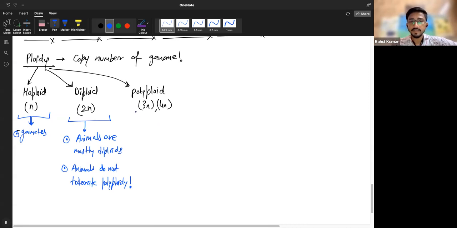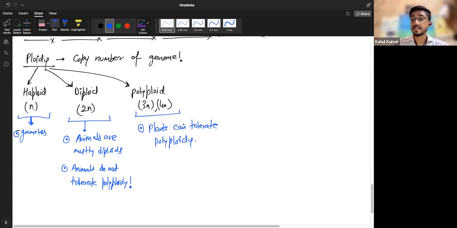But polyploidy is very well tolerated by plants. Plants can tolerate polyploidy. Rice and wheat varieties that are grown in agriculture are polyploids, sometimes tetraploid, sometimes hexaploid also.